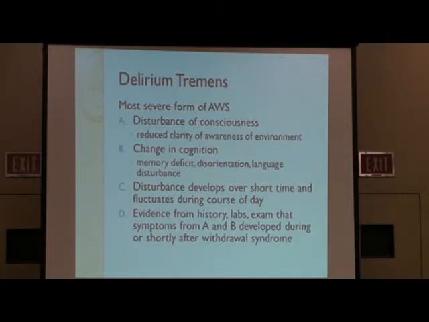In this case, you have hallucinations, altered consciousness, and decreased cognitive function. As listed here, patients can have disturbances in language, memory deficits, etc. It typically develops after 48 hours.